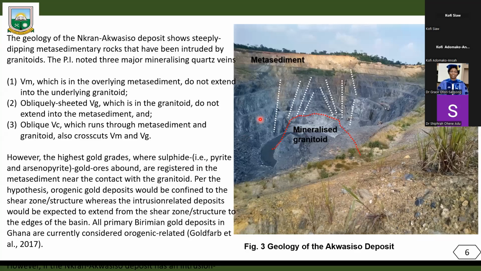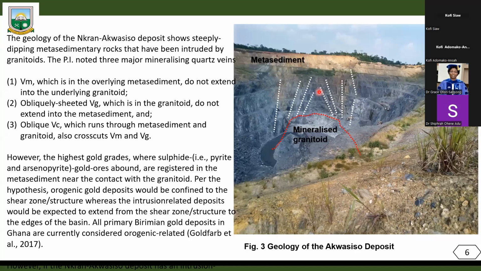And then these meta-sediments have been intruded by these granitoids. In order for you to appreciate the relationships, I made a sketch of that observation so that it can be clear for us to see.